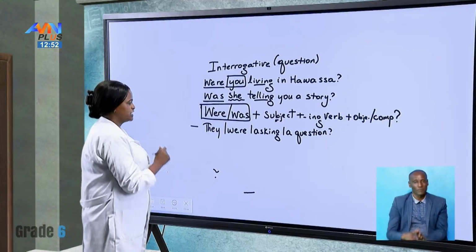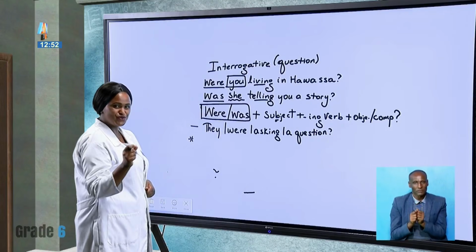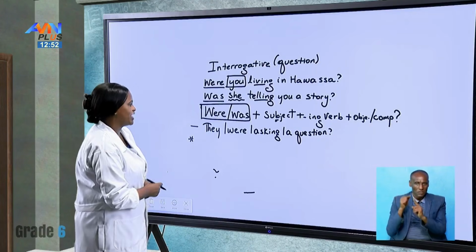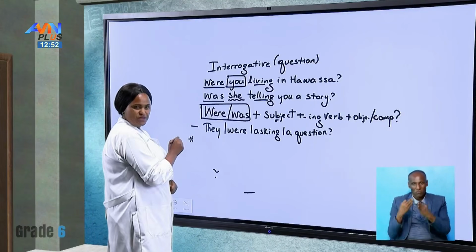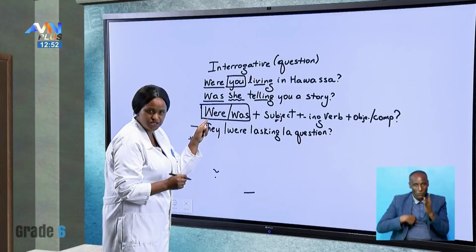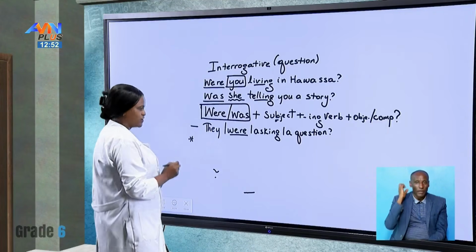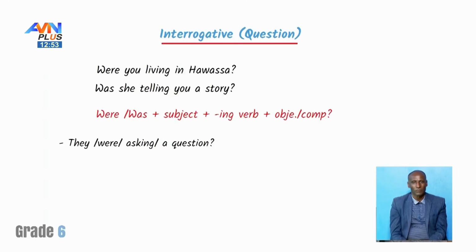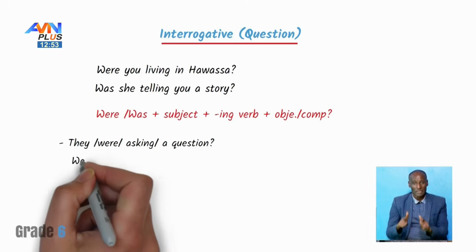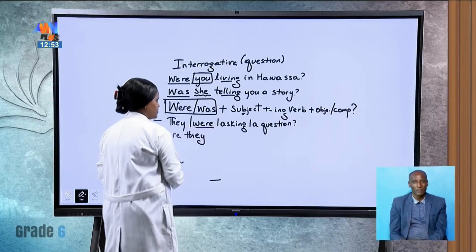All right, let's do it now together. You can show your answers to your friends, your parents, or people around you, okay? So let's follow the form. This is our form. How do we start? We start with the auxiliary. Then our auxiliary here is what? Were. Good. Now, don't forget to make it capital. Were they, okay?